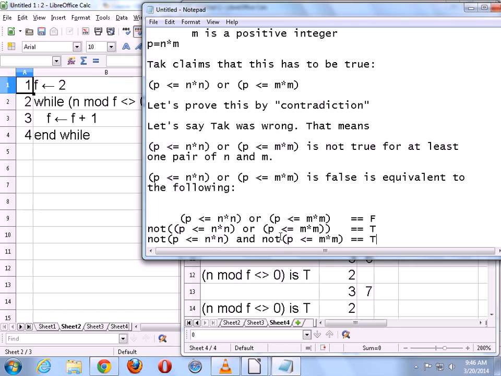Going from this step to this step is called De Morgan's Law. De Morgan's Law is kind of funny, but it's also useful because it can turn a disjunction into a conjunction. You can see that the negation used to be outside the disjunction. Now it is distributed onto both sides of the conjunction.